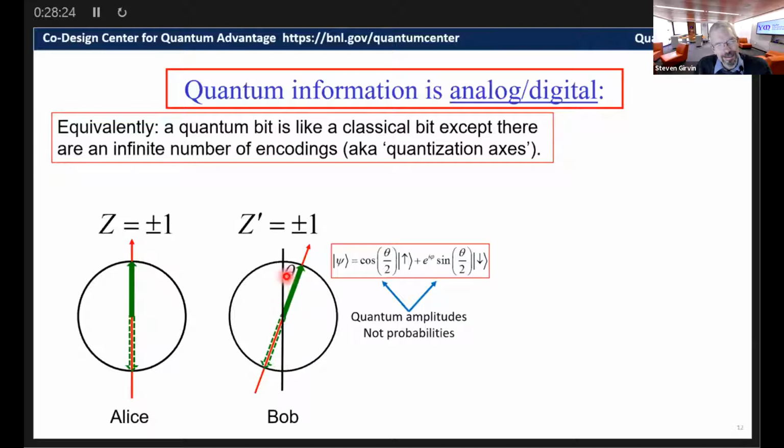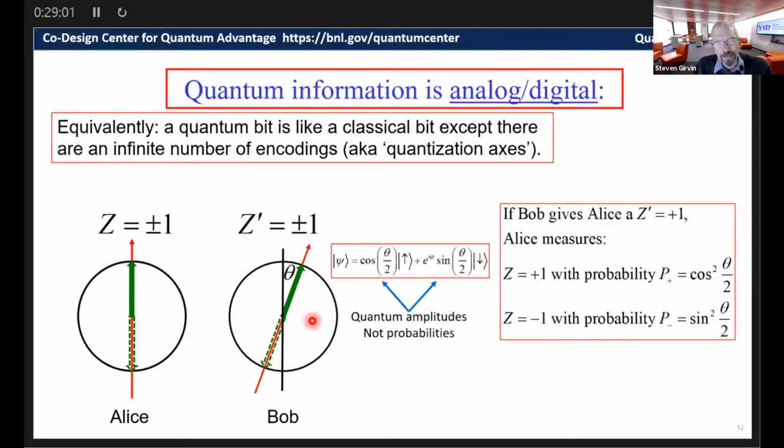So let's say he tilts his measurement apparatus through an angle theta. Then in Bob's frame of reference, he sees Alice could prepare this state and hand it to Bob. In Bob's frame, it's a superposition of up and down. That is to say, z prime is +1 and z prime is -1.